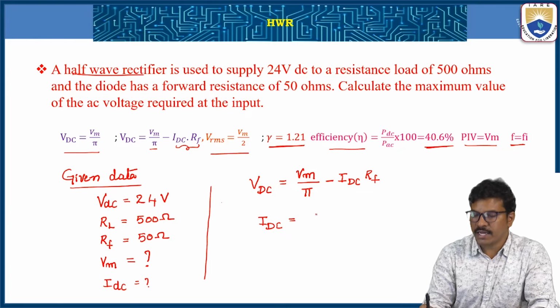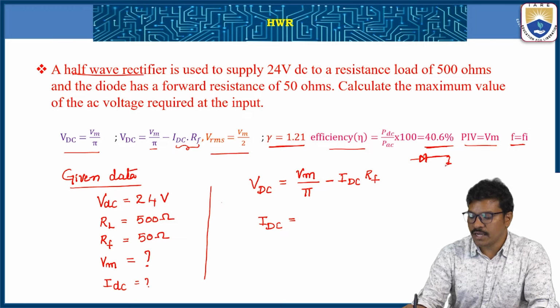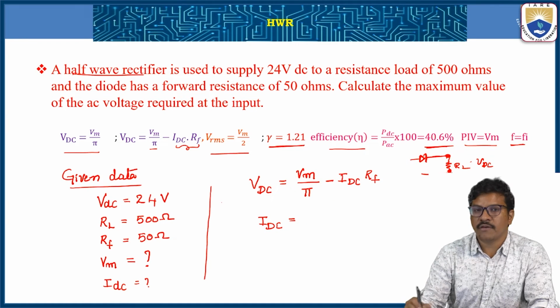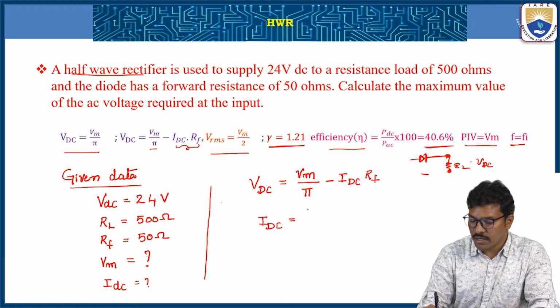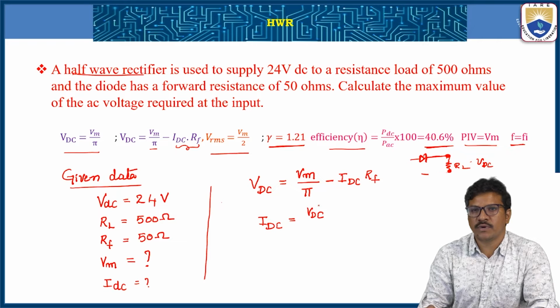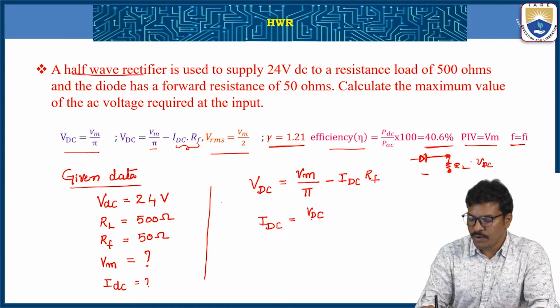What is IDC? Basically, the output of the half-wave rectifier passes through the diode. When the diode is conducting, the current flows in RL, and the voltage across RL is VL or VDC. So IDC is equal to the voltage across RL, which is VDC, already given in the problem, divided by RL.